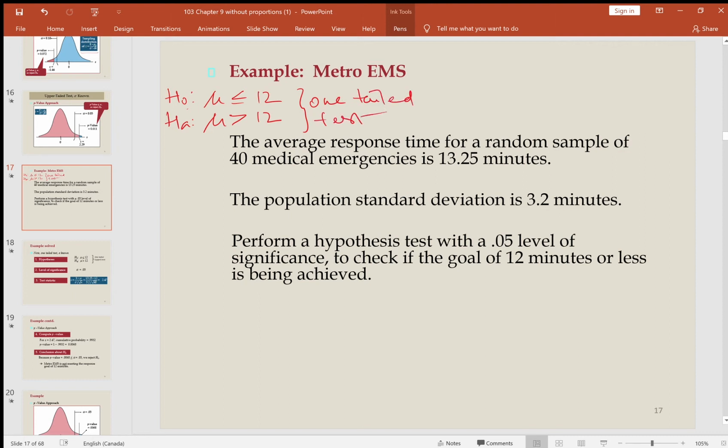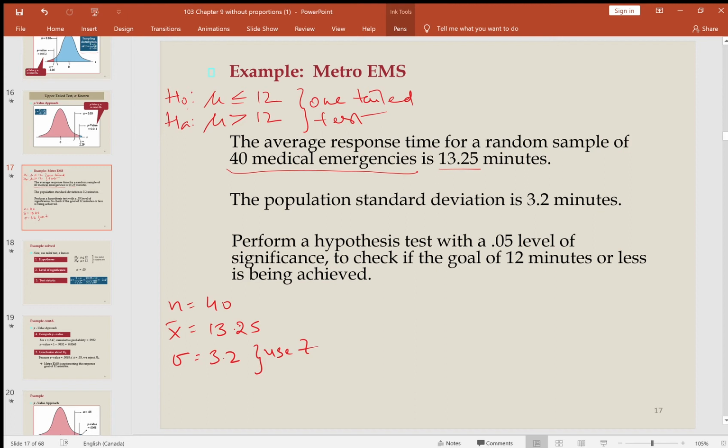The average response time for a random sample of 40 medical emergency vehicles is 13.25. So n is 40 and x bar is 13.25. The population standard deviation is 3.2 minutes. Because sigma is given, we will use the z distribution.